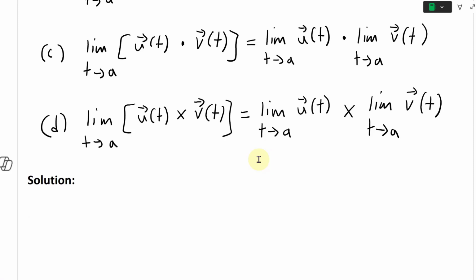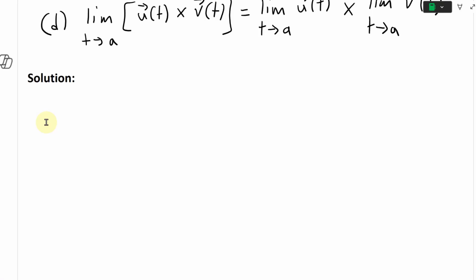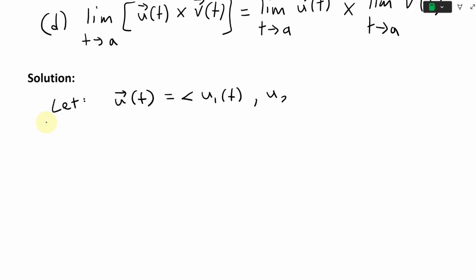But before we get to each part, I'm going to define the terms. Let u, the u vector function, be defined by its component parts: u1 of t, u2 of t, and u3 of t. So this one has component parts and it's in 3D.